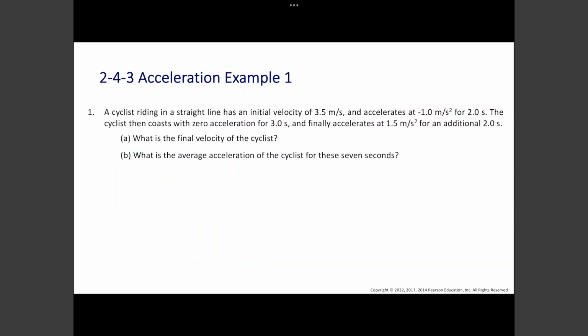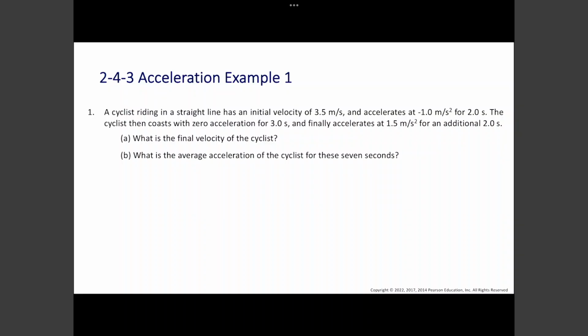Let's see one more example on acceleration. A cyclist riding in a straight line has an initial velocity of 3.5 meters per second, and he accelerates at minus 1.0 meters per second squared for 2 seconds. So within the first 2 seconds his acceleration has a negative value, so the velocity should be decreasing.